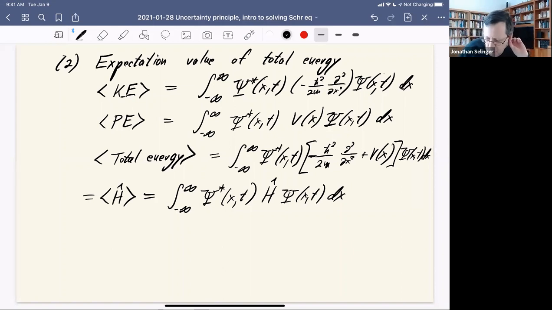Now, we can actually figure out what this is. This involves the Hamiltonian operator acting on the wave function.